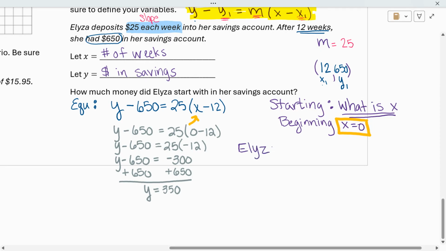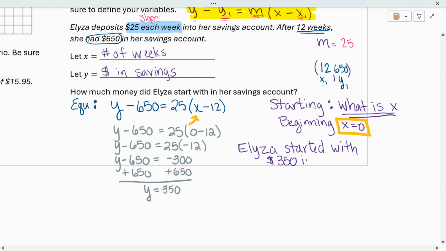Yeah, Eliza started with 350 in her savings.